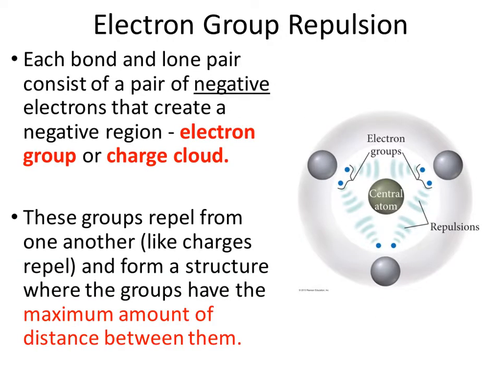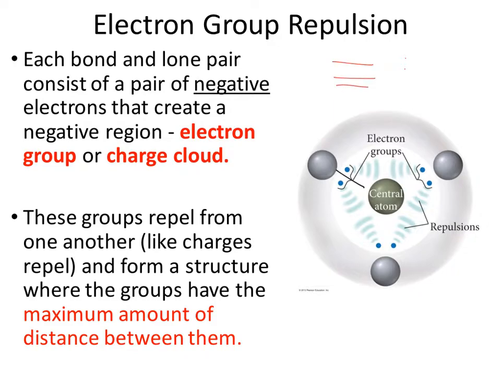Now this theory will help us figure out how to go from a Lewis structure into a more 3D molecule. One thing we have to keep in mind is, as you could probably tell, it's the valence shell electron pair repulsion, so we have to talk about repulsion a little bit. When we talk about electrons, remember that they are all negative. When we have an atom bonded to a central atom, there are electrons involved. If we have a single bond, there's only two electrons involved.